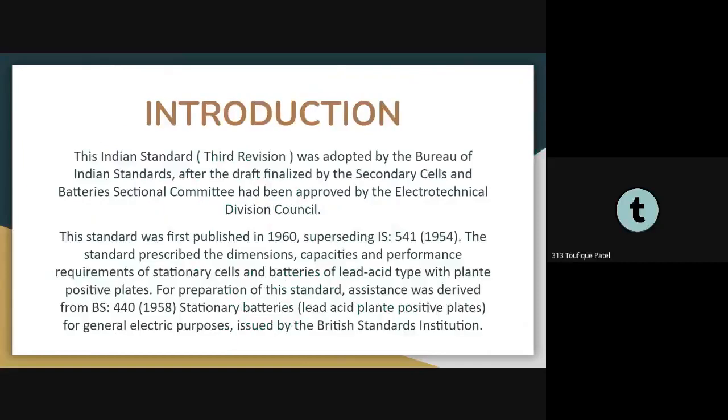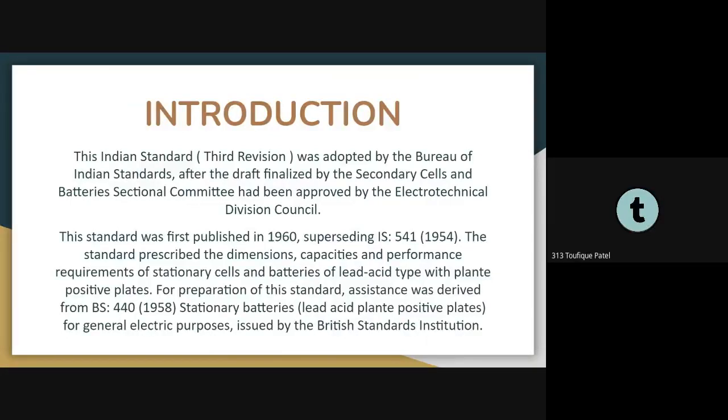So introduction. This standard was adopted by the Bureau of Indian Standards after the draft finalized by the Standard Cells and Batteries Sectional Committee had been approved by the Electrotechnical Division Council. This standard was published in 1960, superseding the IS 541 of 1954.